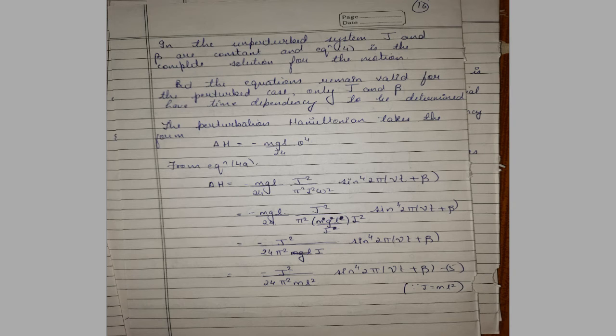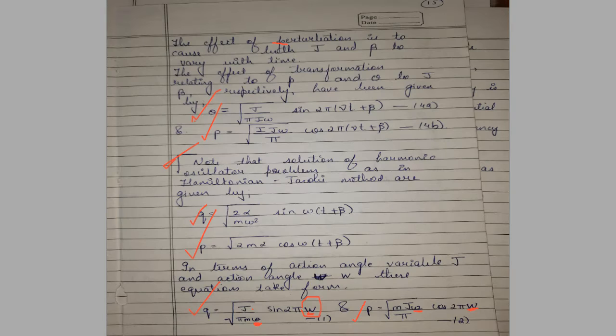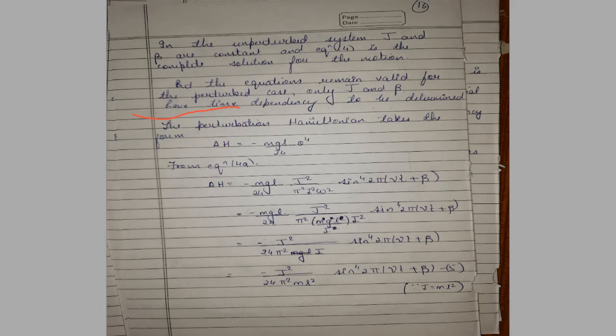But obviously when we consider perturbation, there would be small changes in J and beta. Up till now we have considered when there was no perturbation, we have not considered the perturbed Hamiltonian. In that case, equations number 4a and 4b will give you theta and p, and these would be the actual solutions for the unperturbed case.